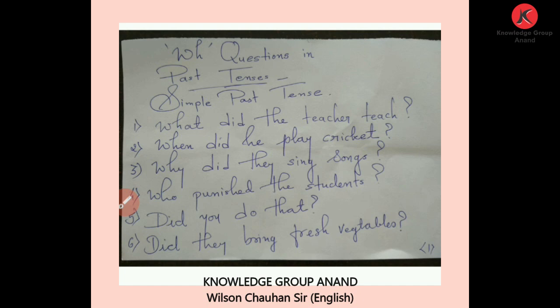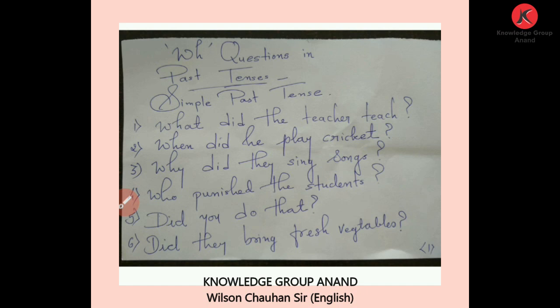Let us now see sentence number 3. When did they sing songs? Now, common rules you should never forget, dear friends: the subject changes into object, and the object is turned into subject.